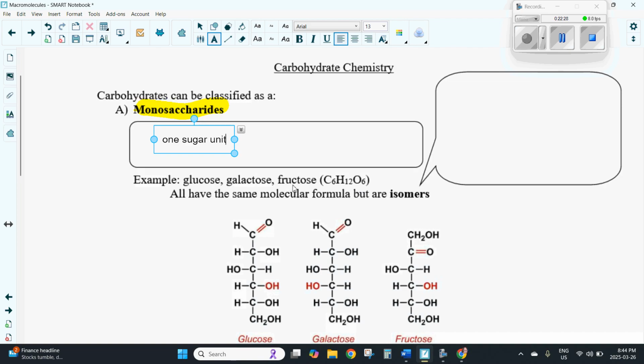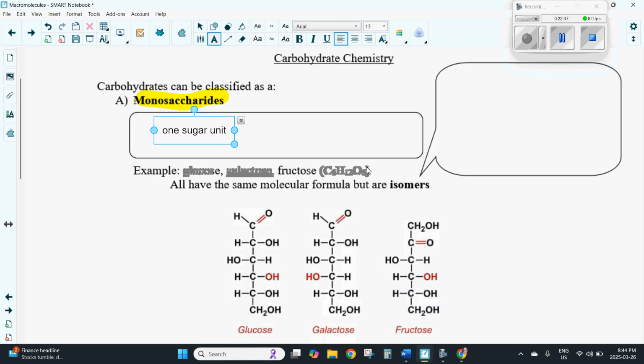These are all monosaccharides, which all have the chemical formula C6H12O6. They all have that same molecular formula, but they are isomers of each other. In the picture at the bottom, glucose is our first structural diagram, galactose is this structure, and fructose is this last one.